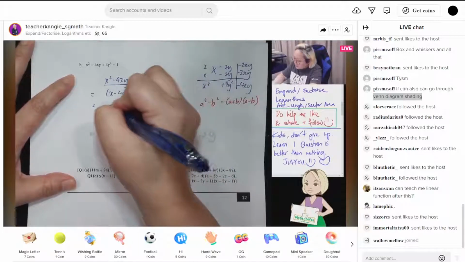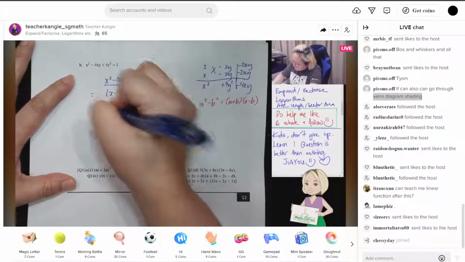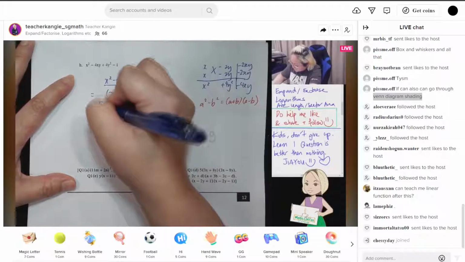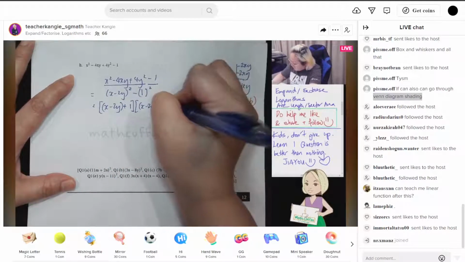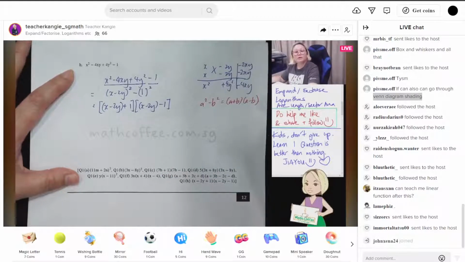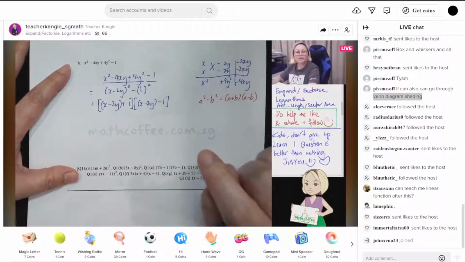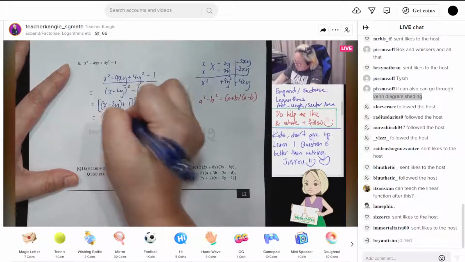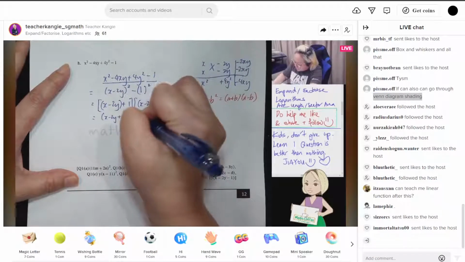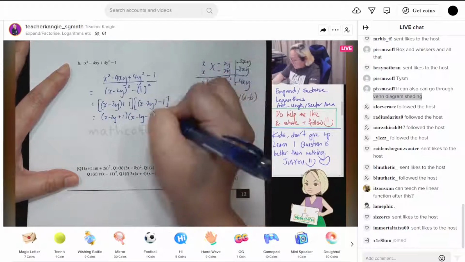So it becomes a plus b, a minus b. Then simplify it. It will be x minus 2y plus 1, x minus 2y minus 1. And we are done.